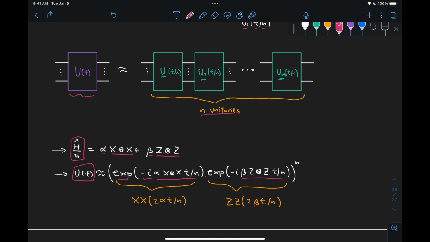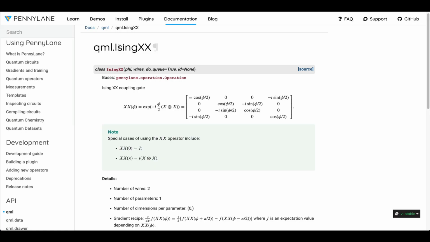Luckily for us, this Hamiltonian, where we have this XX term and this ZZ term, corresponds to very common gates in PennyLane called the IsingXX and IsingZZ gates. If we look at the definition for the IsingXX gate, we see that XX of phi is given by the exponential of phi over 2 times minus i and then XX.